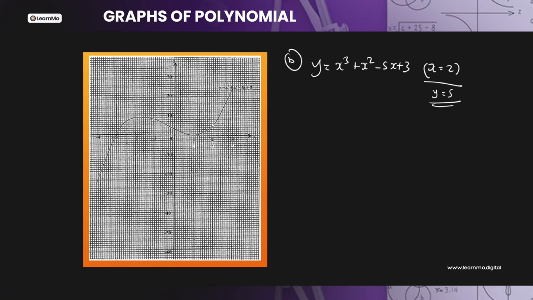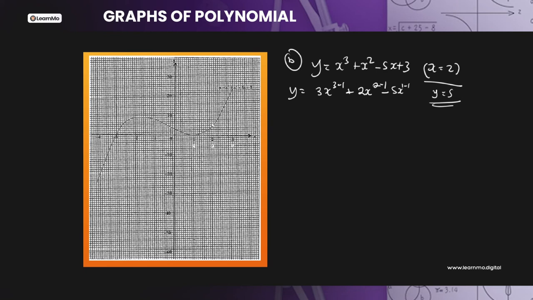First of all, you have to differentiate this equation. Why am I differentiating it? To get the gradient function, so that I can find the gradient, which I will later use to find my equation. Remember, when we're differentiating, we subtract 1 from the power and multiply by the old power. So 3 times 1 gives us 3x to the power 3 minus 1, plus 2x to the power 2 minus 1, minus 5x to the power 1 minus 1.